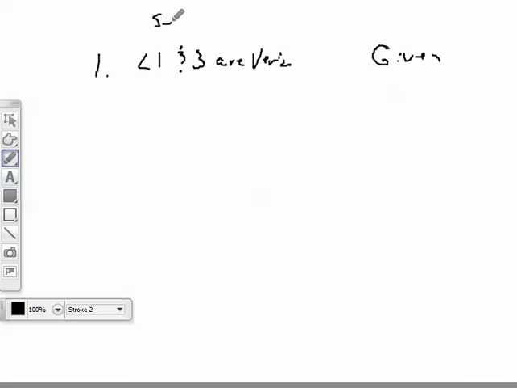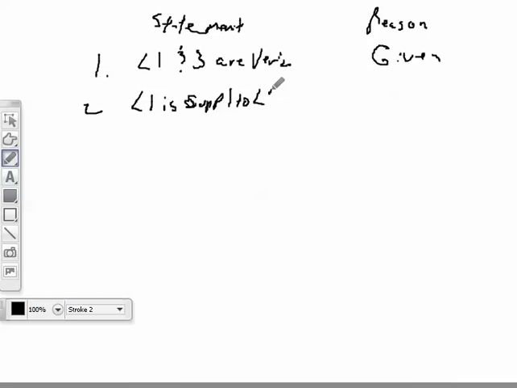This is my statement, and this is my reason. So statement number 2: angle 1 is supplementary to angle 2. That's the definition of supplementary angles, isn't it?